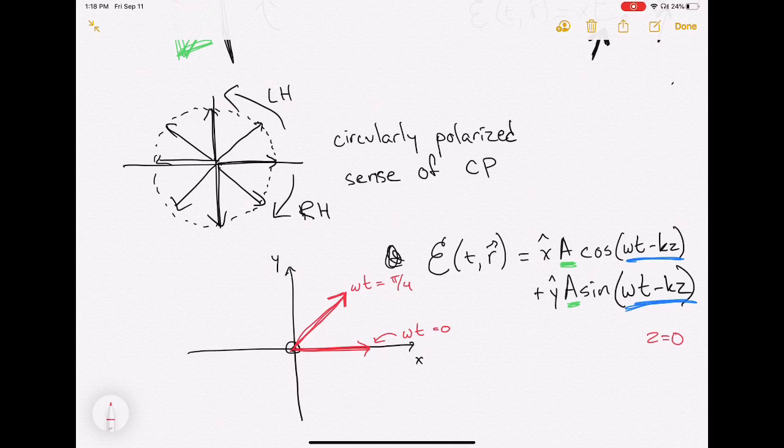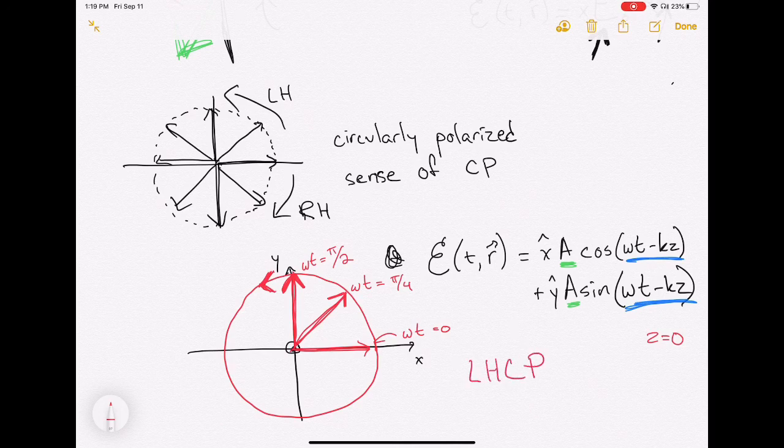If I allow time to increase again to be pi over 2, omega t equals pi over 2, I get an electric field vector that is solely y-directed because cosine of pi over 2 is 0, and sine of pi over 2 is 1. So we're beginning to see here that the electric field vector traces out the shape of the circle and that it's going counterclockwise. It's going to the left, which means it is a left-hand circularly polarized wave, or you could say that it's counterclockwise.